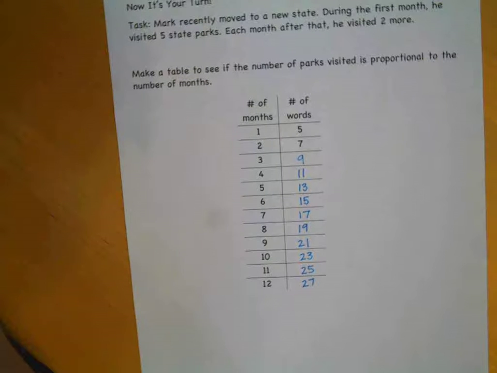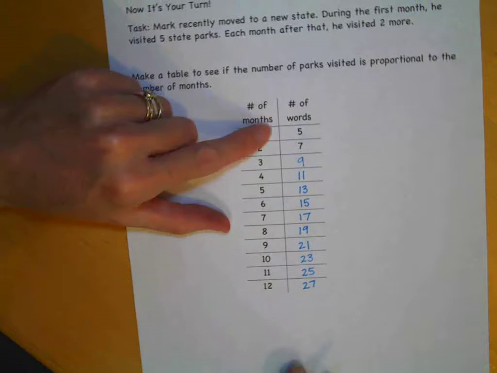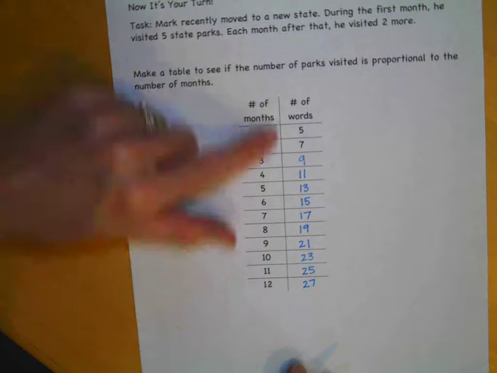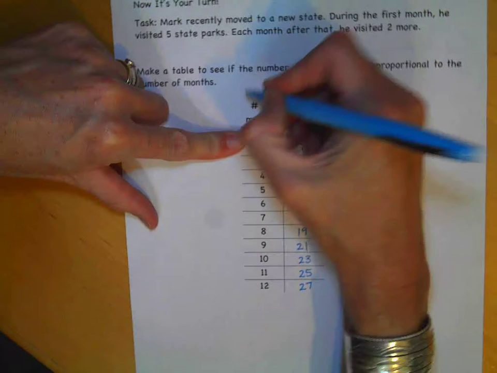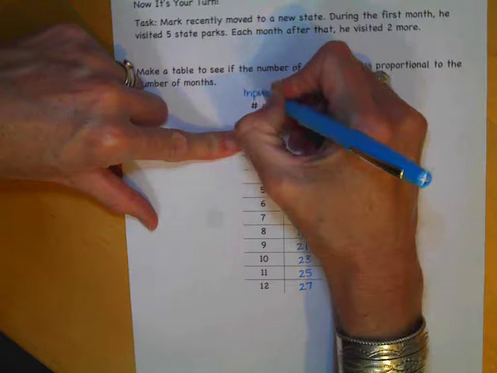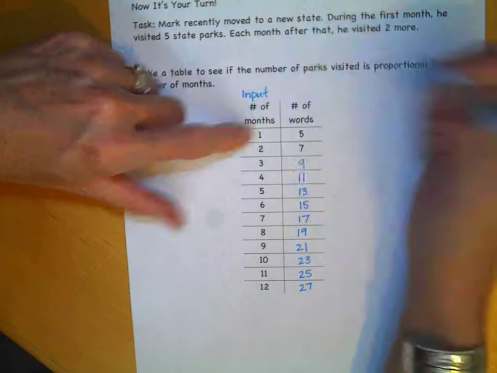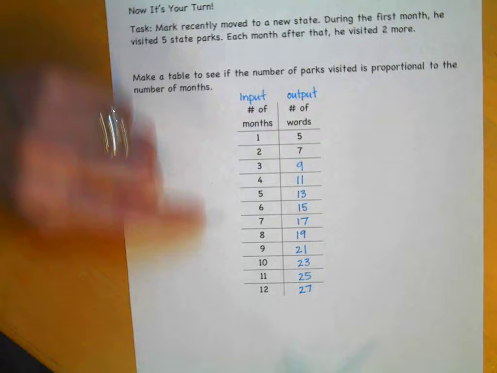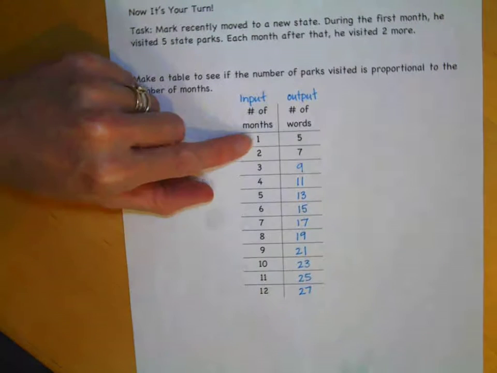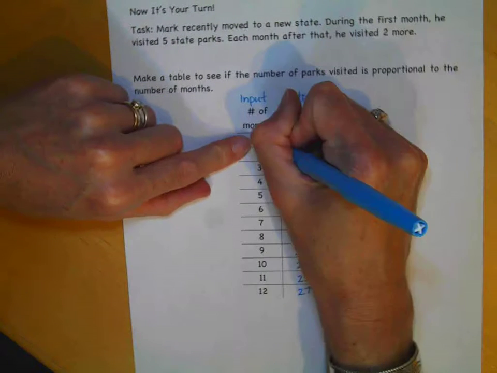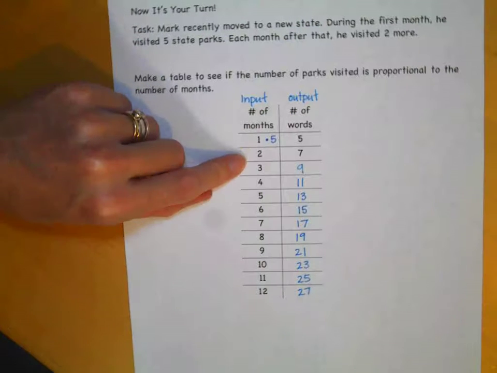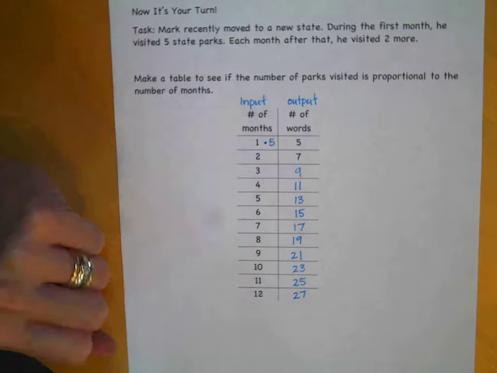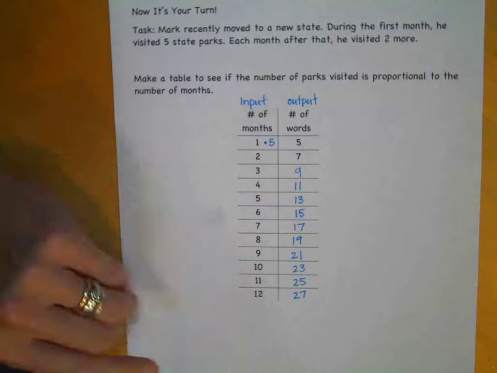Thanks for your help. Okay, so now our job is to ask ourselves, how did we get from one to the other, to see if we can find one constant amount that we multiply or divide the input number, remember this is the input amount, the input value, to get the output value. We're going to see if it's proportional. That means that it would be the correct amount. So how did we get from 1 to 5? Well, the answer to that's pretty simple, times 5. Uh-oh. What is 2 times 5?